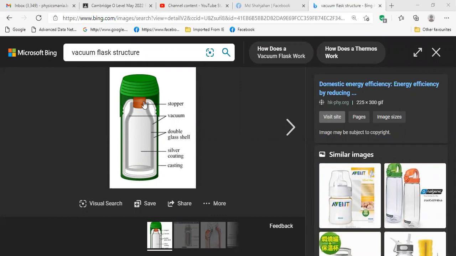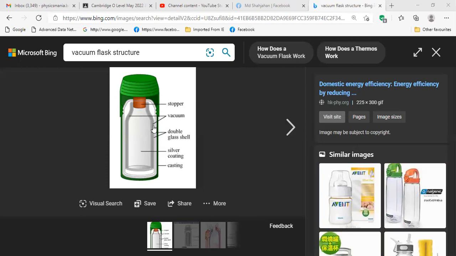And as the stopper is an insulator, plastic or rubber-like things are bad conductors, right? So they are not like metals that can transfer heat easily. They will reduce the heat loss by conduction in this part.